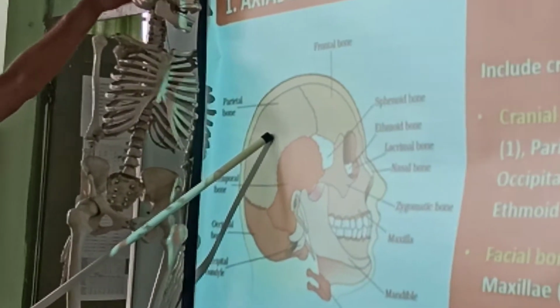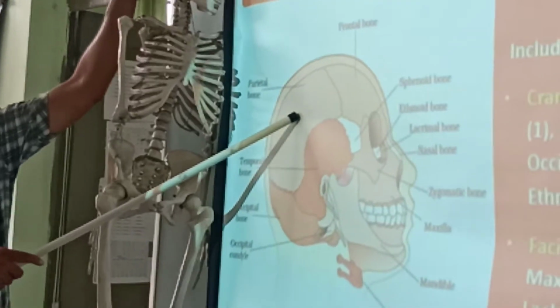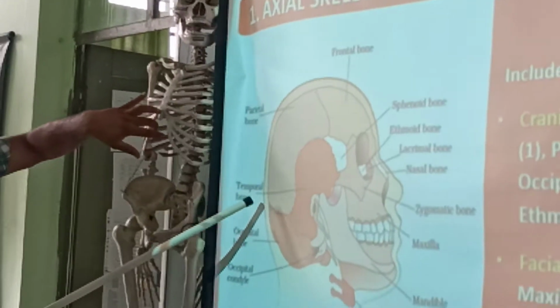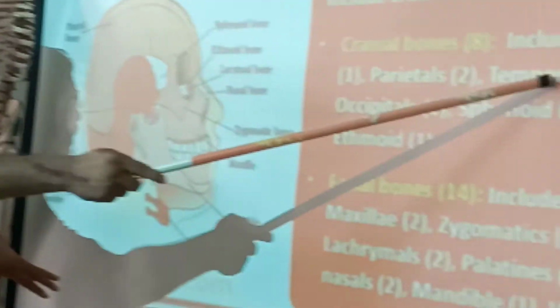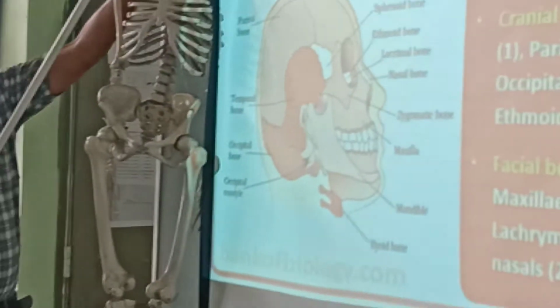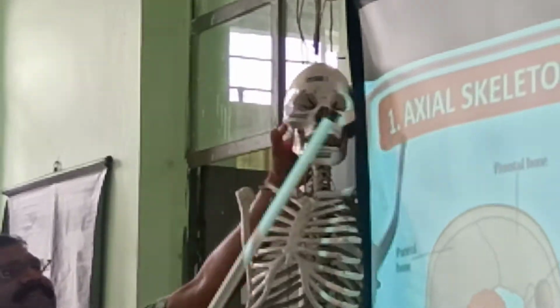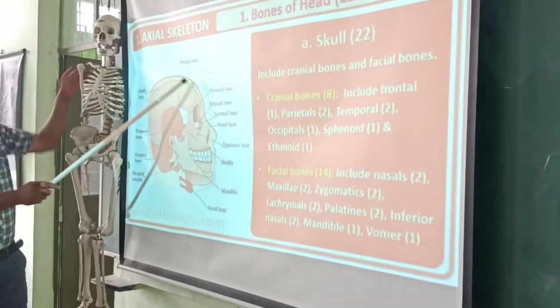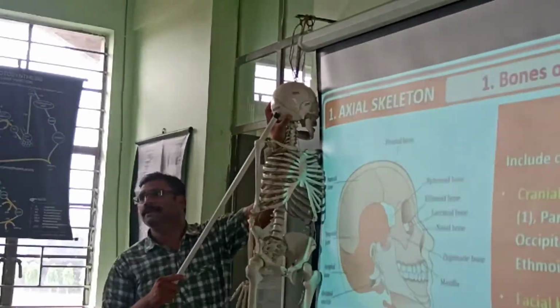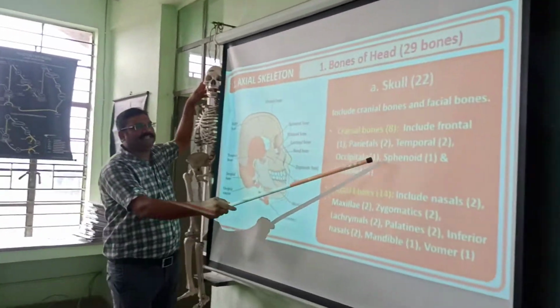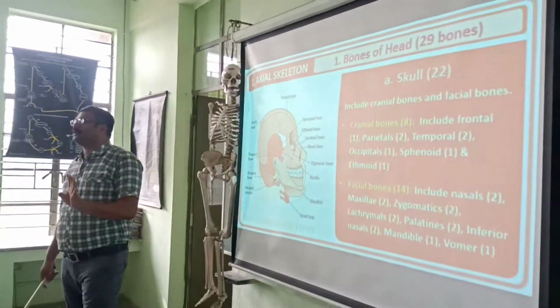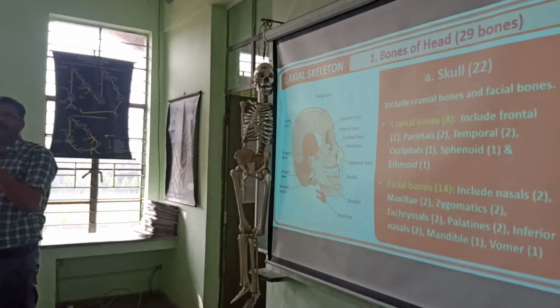Then the parietal bone you can also see in the human skeleton. Then the temporal bone, that is also 2 in number, here on this side and this side. Then the occipital bone, which is 1 in number. Then the sphenoid and the ethmoid. In total, 8 bones are present in the cranium.